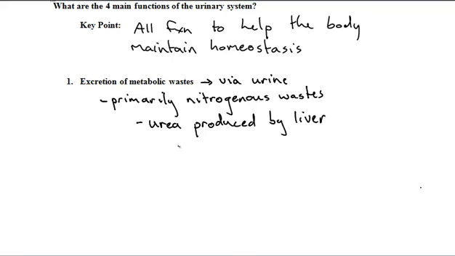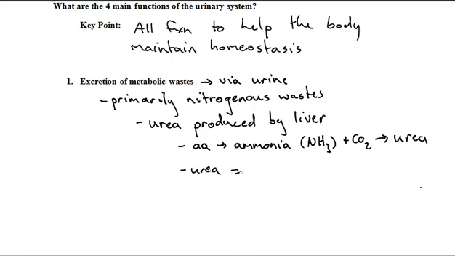So urea, the production process, simply is we take amino acids, and when we break them down, we produce ammonia. And ammonia is NH3. And that combines with CO2 in our blood to produce what's called urea. And urea has the chemical formula of a carbon. It's double bonded to an oxygen. It's bonded to 2 NH2 groups.